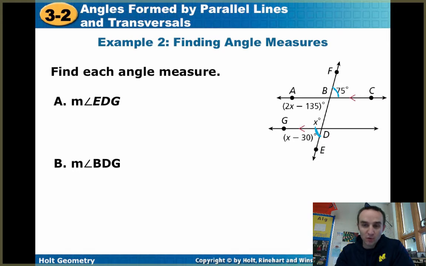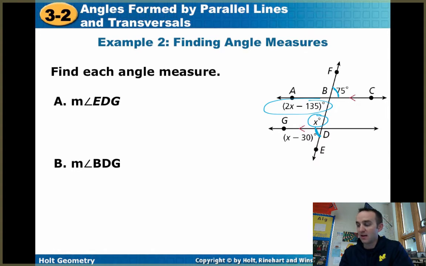Now we're looking for BDG, where we have x. I could say x plus 2x minus 135 is equal to 180. Or I could set up x minus 30 is equal to 75 and figure out x from that equation because of alternate exterior. Either way is going to be fine.